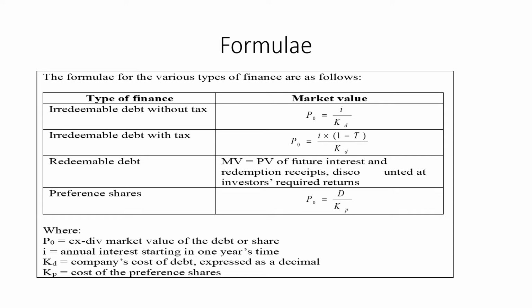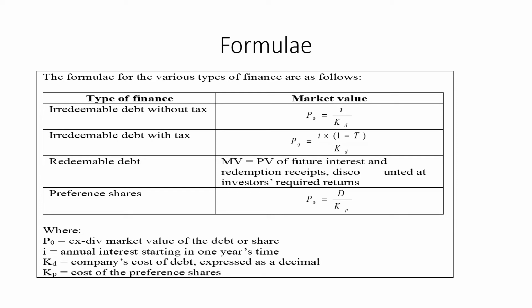Non-zero coupon bonds are those kinds of bonds or debts which will provide you interest annually, and at the end of maturity it will provide you the whole amount which is invested in that instrument. Then preferred shares.